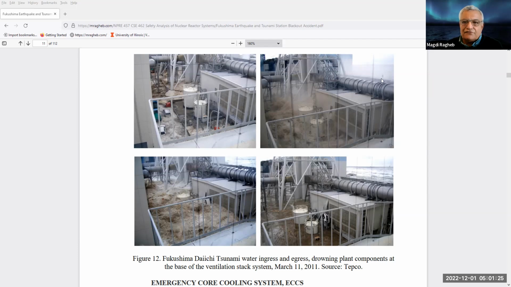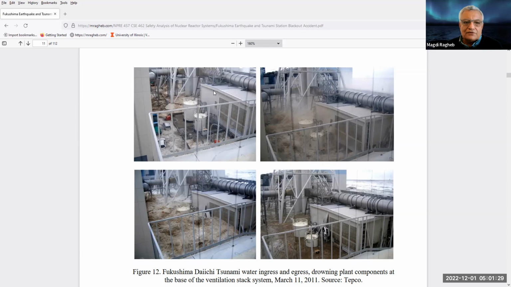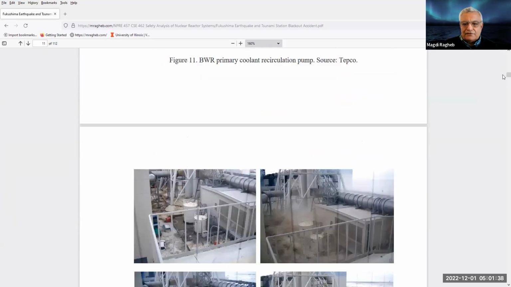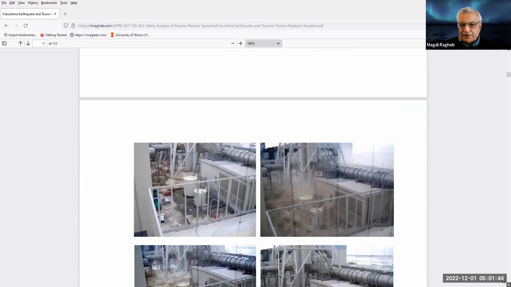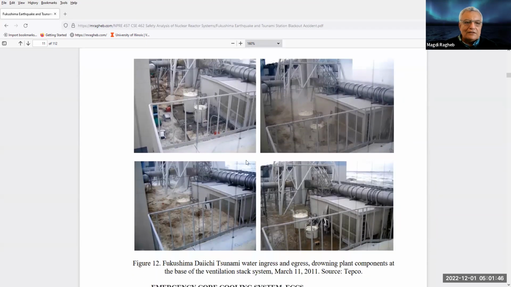You could see here the effect that the shield that was built to prevent the water from a tsunami coming in from a hurricane was totally overwhelmed.